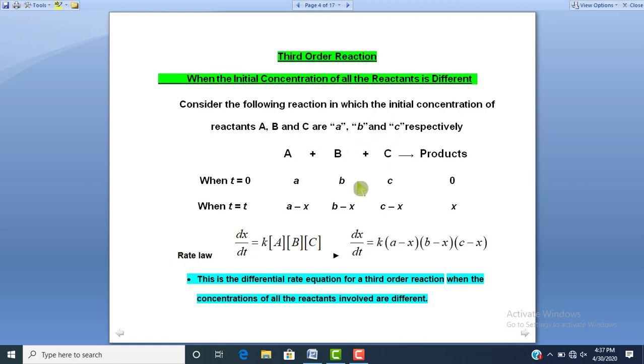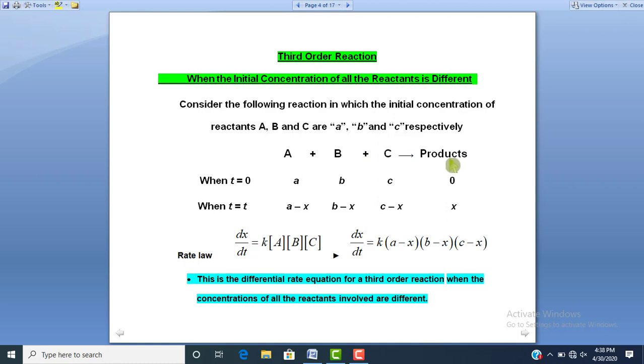So here we further suppose that when the time is 0 second, 0 second means it is just the beginning of the reaction, the commencement of the reaction. At that time, when time is 0 second, then we have a moles of reactant A, b moles of reactant B and c moles of reactant C, and we have 0 mole of the product.